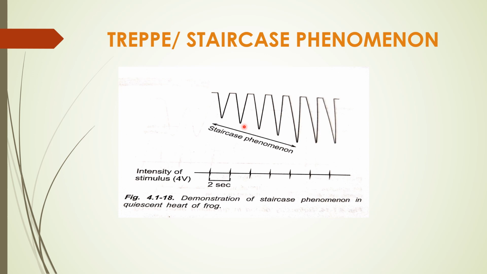All these are the reasons for the staircase phenomenon, that is, the increase in the amplitude of subsequent contractions. That is only for the initial 3 to 4 contractions; after that the amplitude will not increase. That is the Treppe or staircase phenomenon.